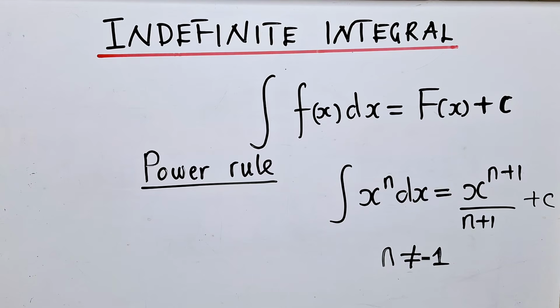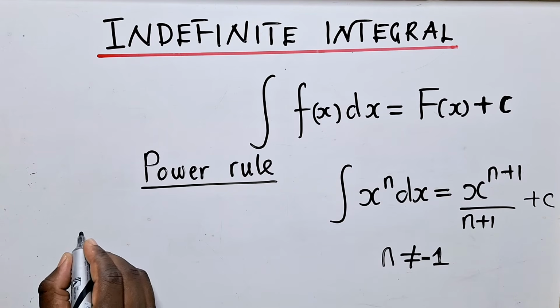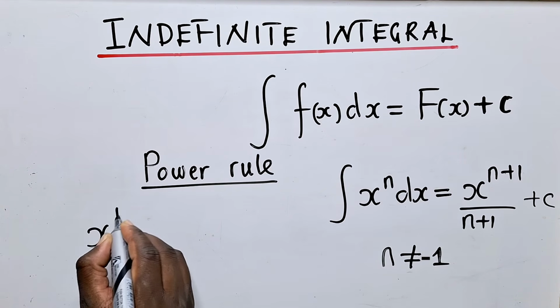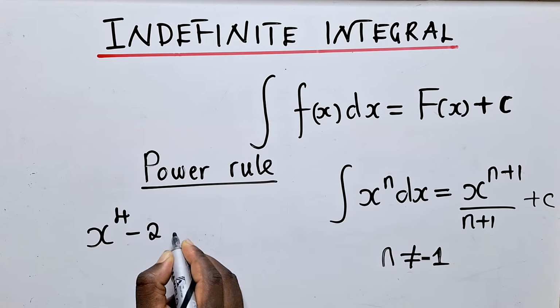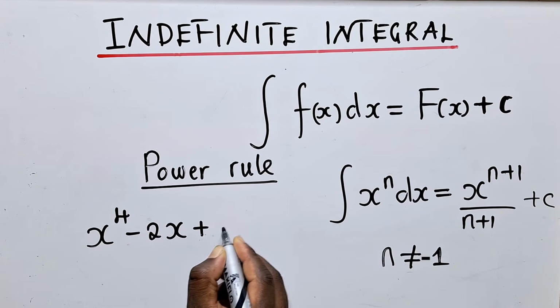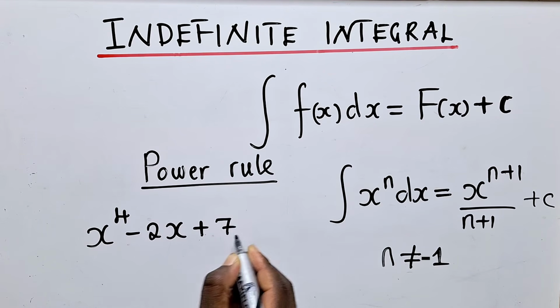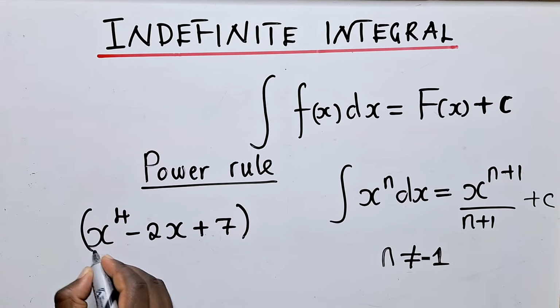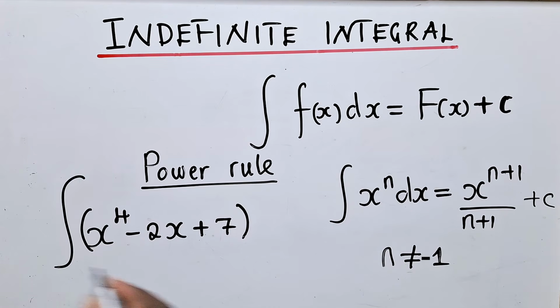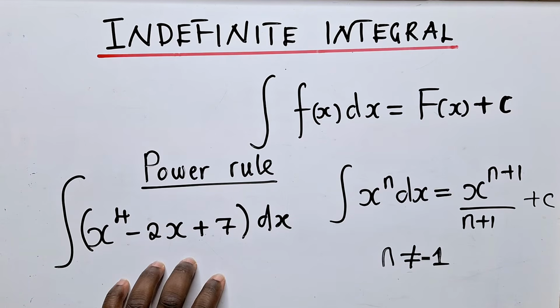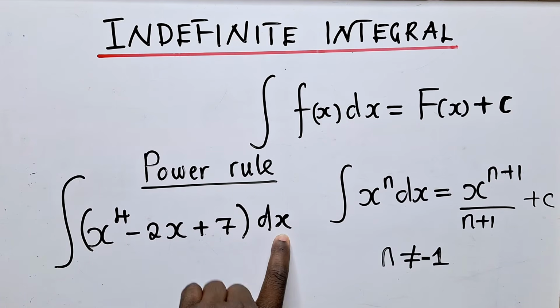So let's say you've got x power 4 minus 2x plus 7. Then we put the brackets, you write an integral sign here, dx. Imagine this is what you've been given, and they are saying integrate this with respect to x.